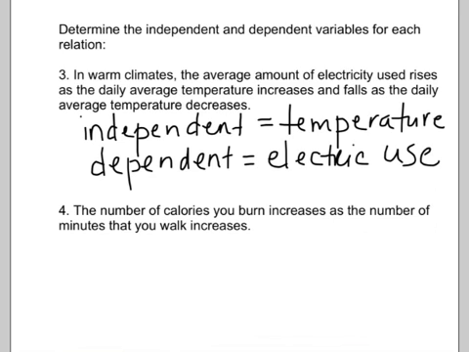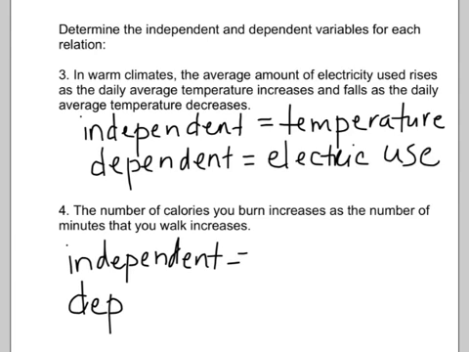Okay, I'm assuming you've already done number 4. It says the number of calories you burn increases as the number of minutes that you walk increases. All right, so again, I want to know which one is my independent variable and which one is dependent. Okay, so I've got calories burned and miles walked. Which one is not dependent on the other one? Well, the miles walked.